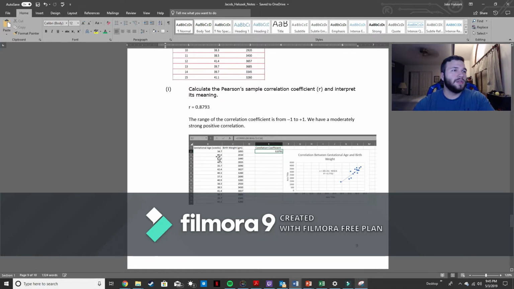We take this data array from column B, from B2 all the way down to B16, as our x values, and our y values from this data array, from C2 all the way down to C16. Then we click enter, and it pops out this R value for us, 0.8793.